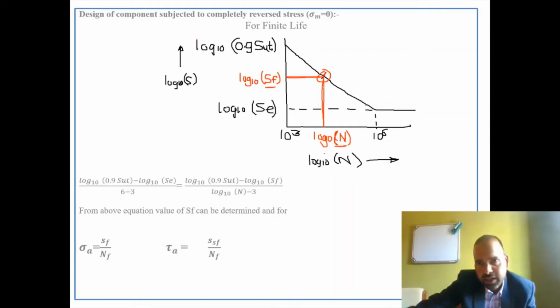So for this big triangle, if I change the color of my pen and show you, let's assume this is triangle 1, and for this small triangle, let's assume this is triangle 2.